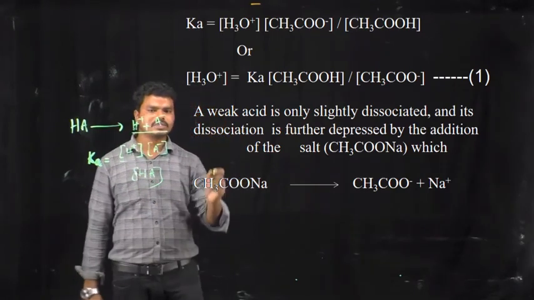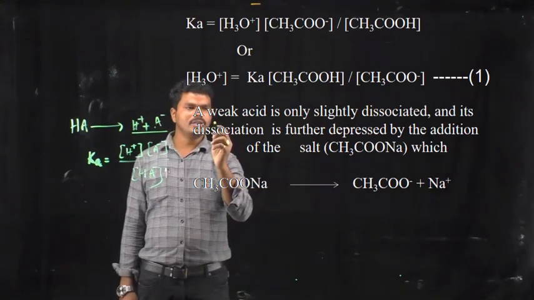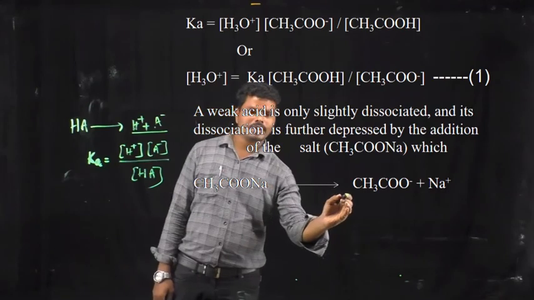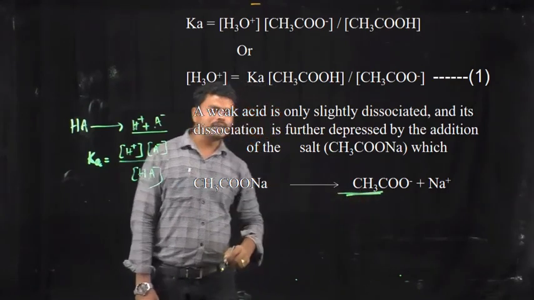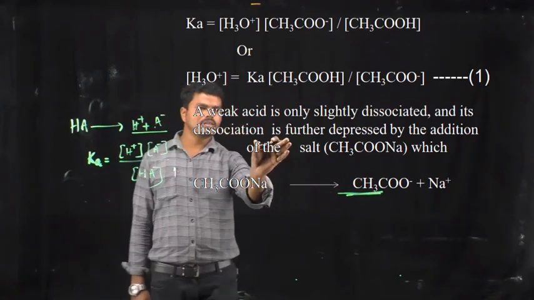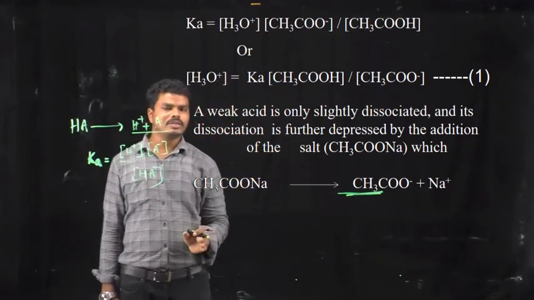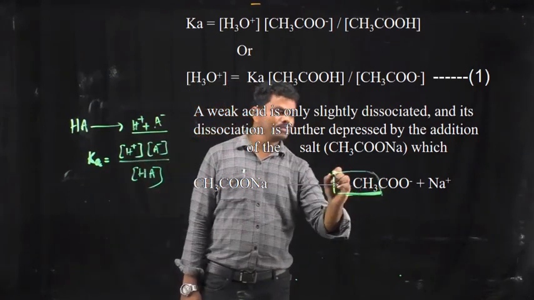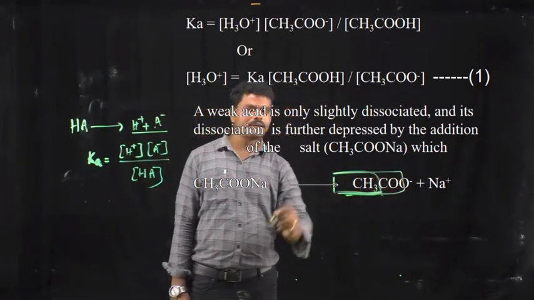What is the common ion present in both acetic acid and sodium acetate? That is the acetate ion. Sodium acetate is a strong electrolyte and undergoes complete ionization, so a high amount of acetate ions is produced.